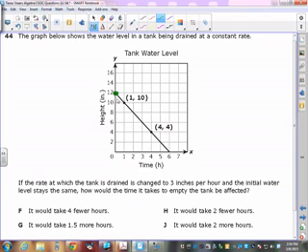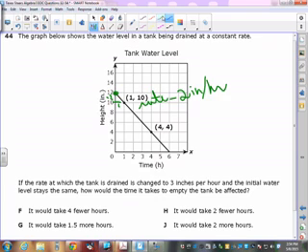Okay, so first of all, you notice the rate of change here is down 2 to the right 1. So currently the rate of change is negative 2 inches per hour. They want us to change this to negative 3 inches per hour.